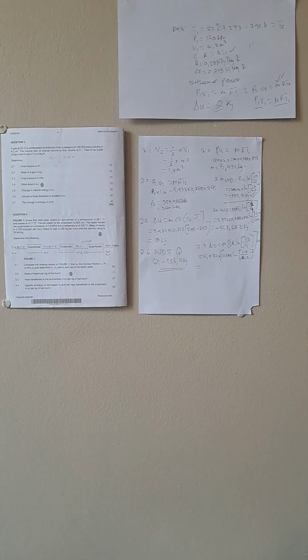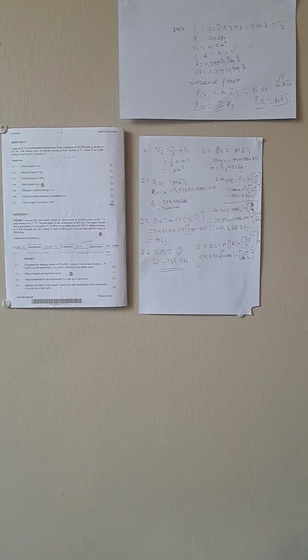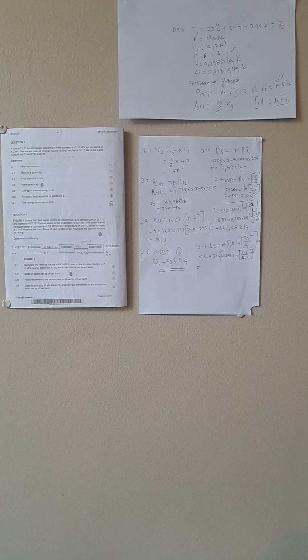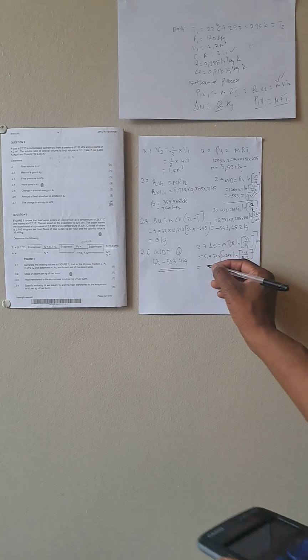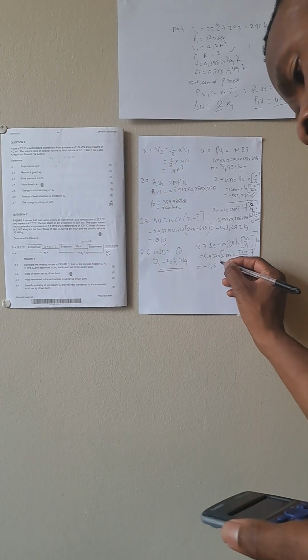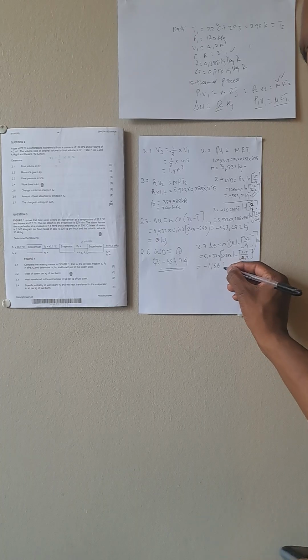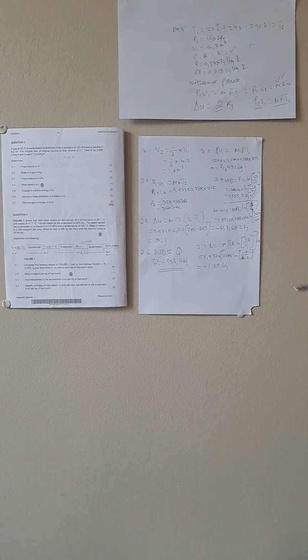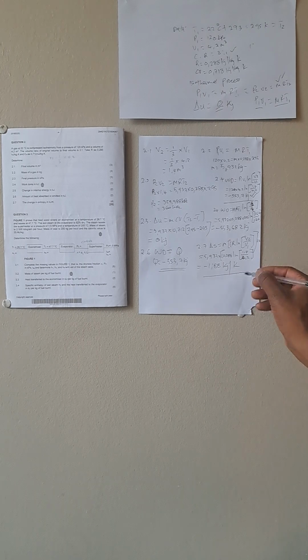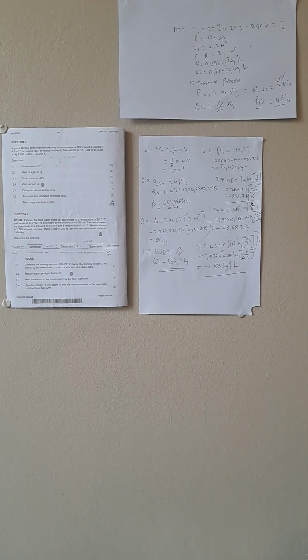So if we substitute here, let me punch 5.932 times 0.288 ln 1.4 over 4.2. I'm getting something like negative 1.88 kilojoules, rather per Kelvin. Don't forget, that's our change in entropy.